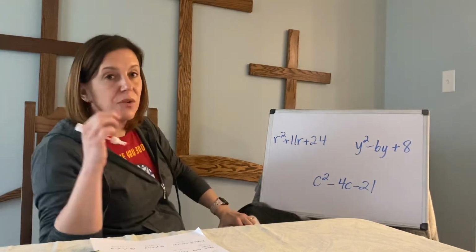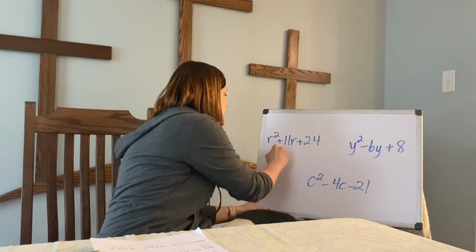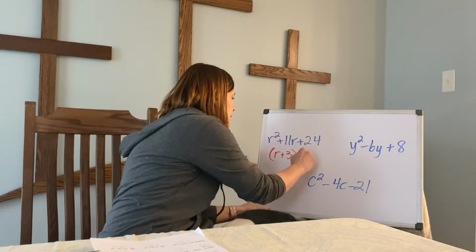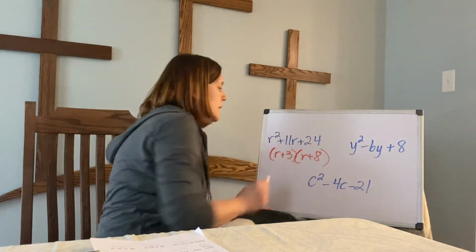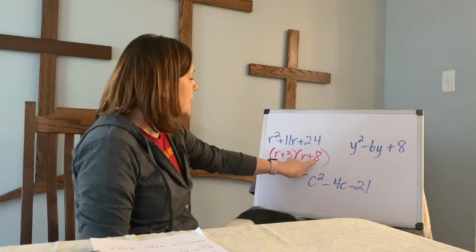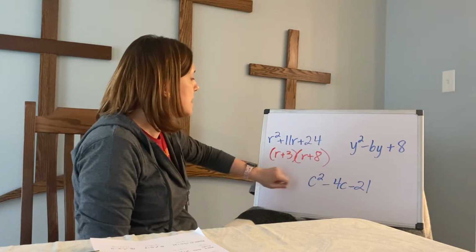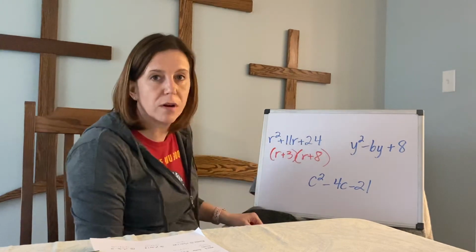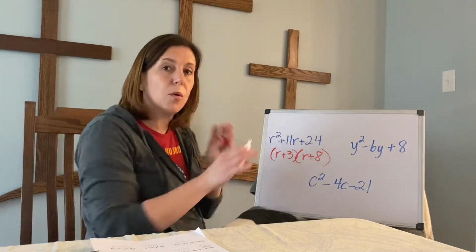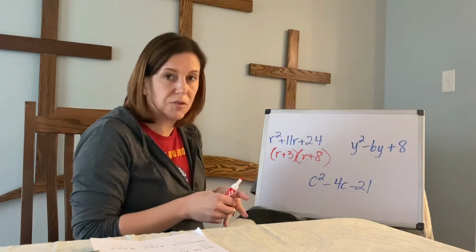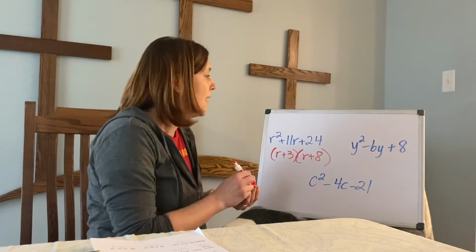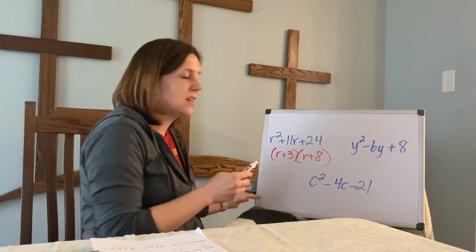Okay, I'm just gonna write out the answers. This is my answer for the first one. 3 plus 8 gives me 11. 3 times 8 gives me 24. Remember, the order of the quantities doesn't matter because multiplication is commutative. In my second one, I have a negative sign there.